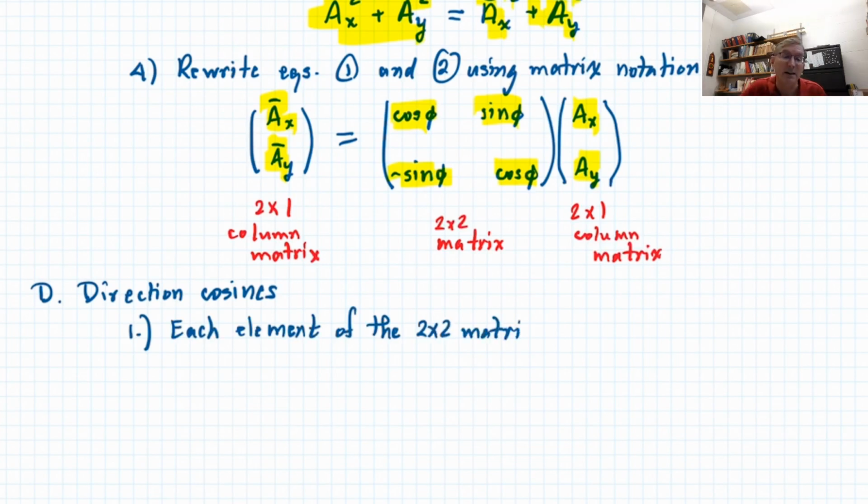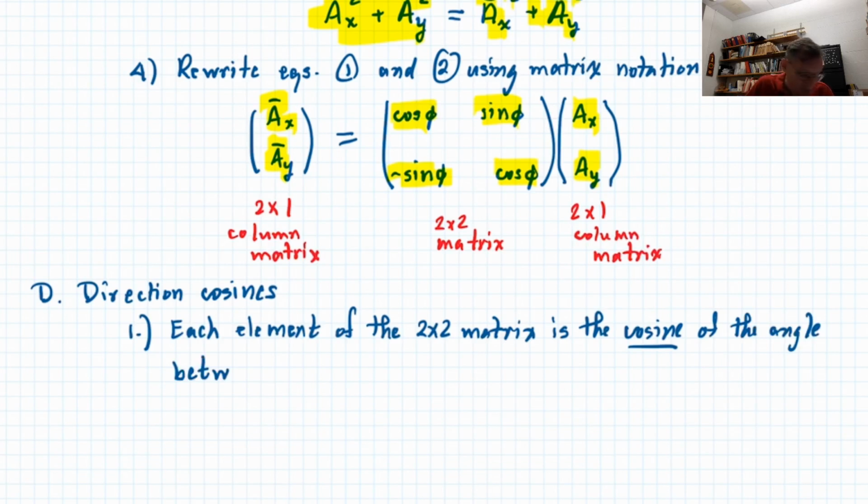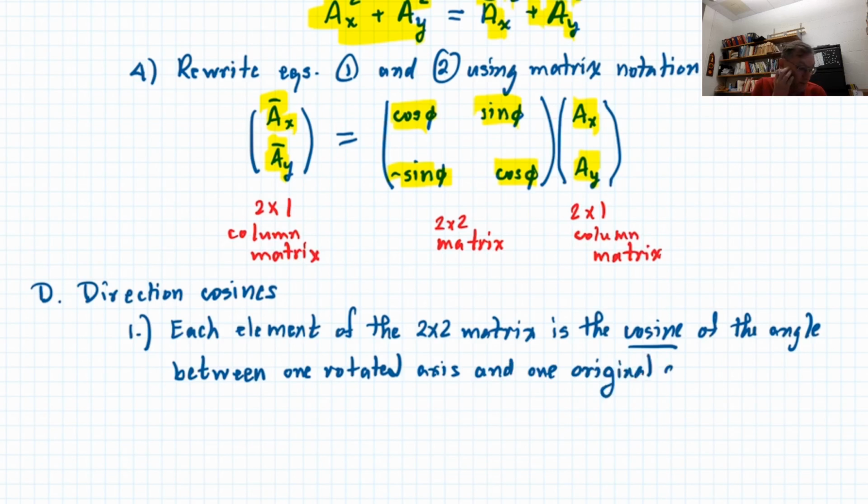The cosine phi, sine phi, negative sine phi, cosine phi, is the cosine, mind you, of the angle between one rotated axis and one original axis. Okay? Let me show you how that works.